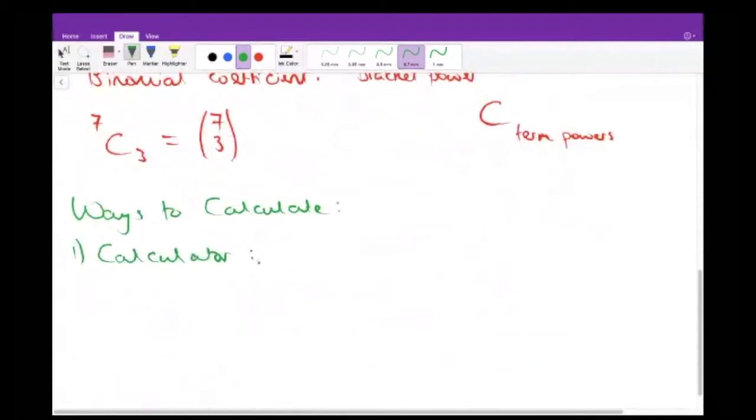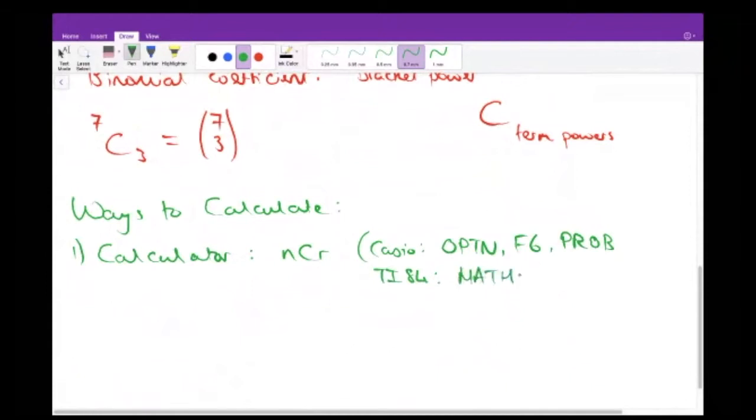For your calculator, you're going to use your nCr button, which on Casio is if you go options, F6, and then it's in probability. And then, I never remember the TI. I was always a Casio user. For the TI-84, I think it's something like in math, and then you want it on, again, PRB. If it's not in PRB, it might be a number.